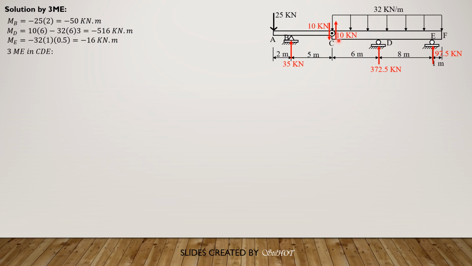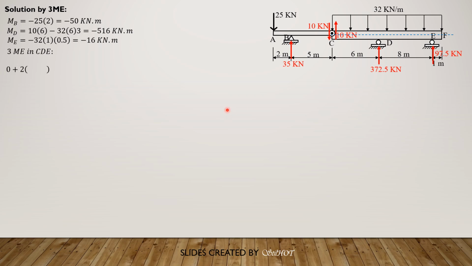Then 0 plus 2 times moment at D, negative 516 times 6 over 1.5 because the moment of inertia is 1.5, plus 8 divided by 1.5 plus moment at E, which is negative 16 times 8 divided by 1.5, plus 6A1a over EI, 6A1a over L1I1, so it is w 32 times 6 cubed over 4, that's the formula, over 6 times 1.5, and 6A2b over I2L2 is equal to w 32 times 8 cubed over 4 divided by 1.5.